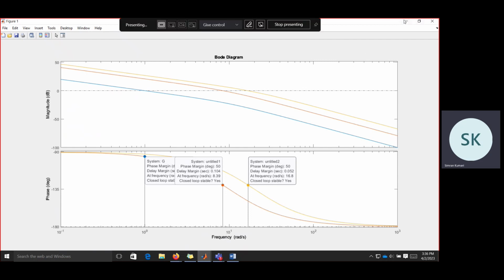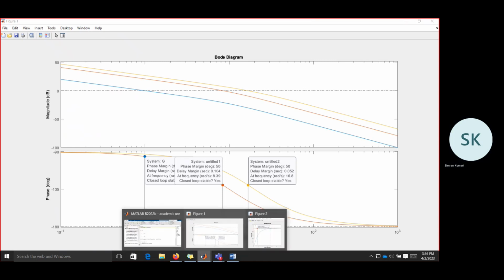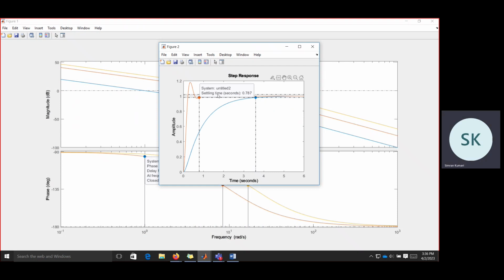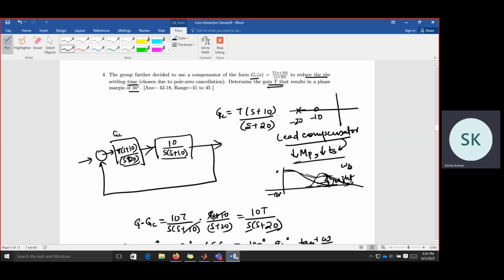So what we expect when we are using a lead compensator is that, compared to this red one, which is with the simple gain, this closed loop system with the compensator will have a faster response, so the settling time will be less. Earlier we found that the settling time for the compensated system with gain was 0.787, so 0.8 seconds. So now we'll find the settling time for the system with the lead compensator.